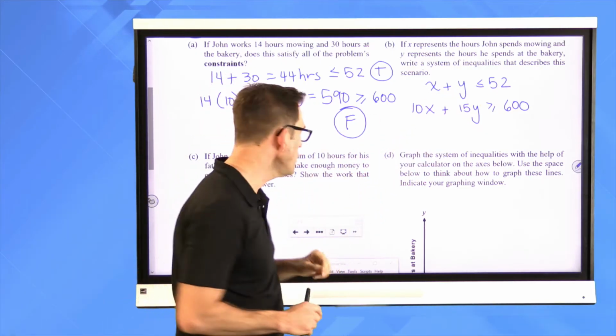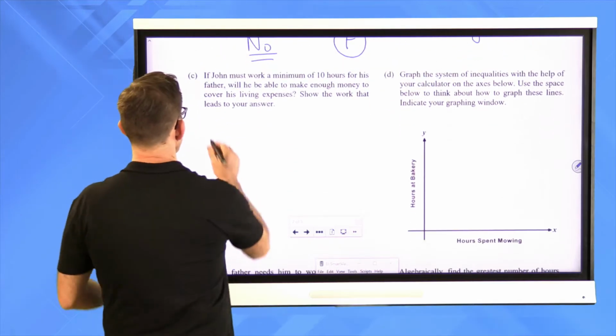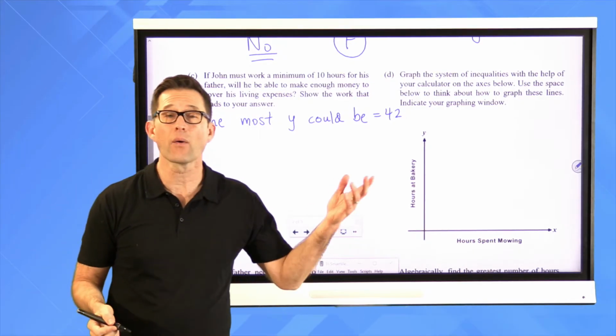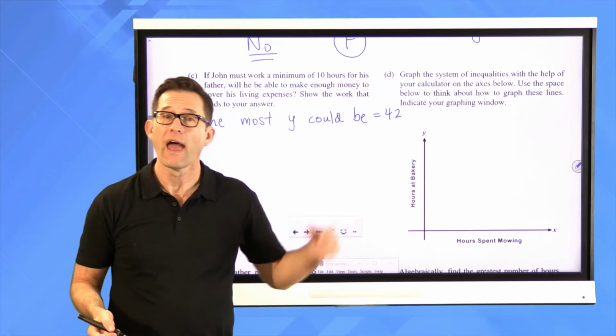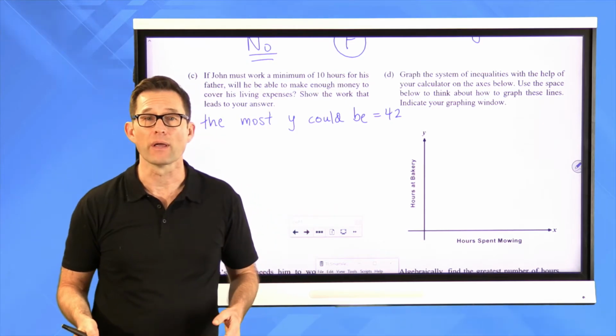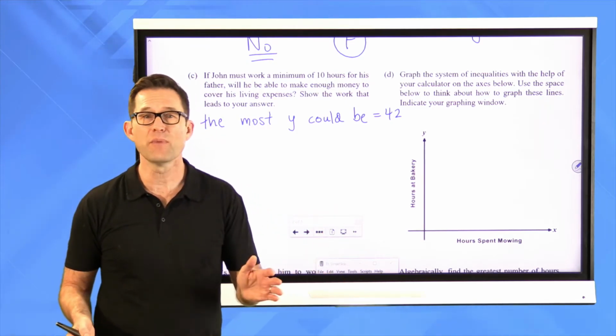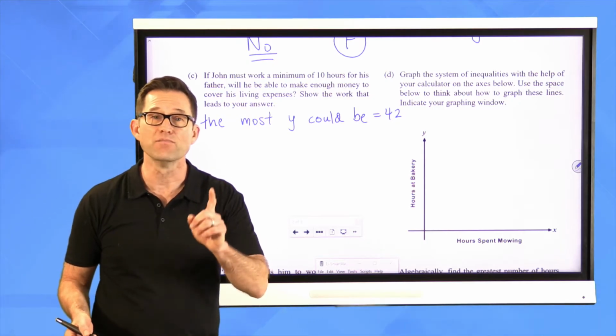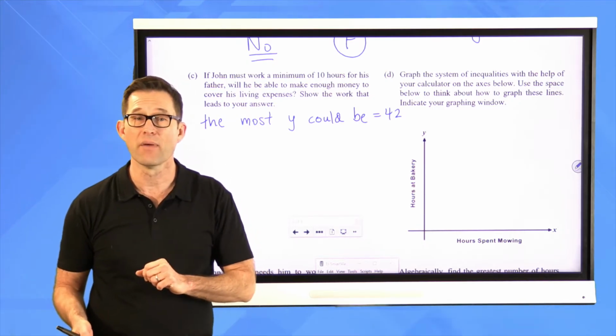So the most y could be would be equal to 42. Let's try that. Let's say he works 10 hours mowing for his father and 42 hours at the bakery. Any time he spends mowing for his father is less money that he makes, because he makes more money while he's at the bakery.